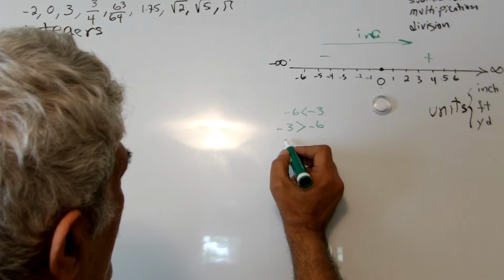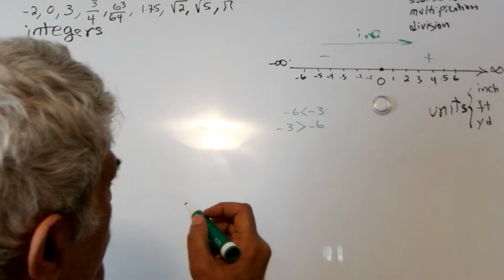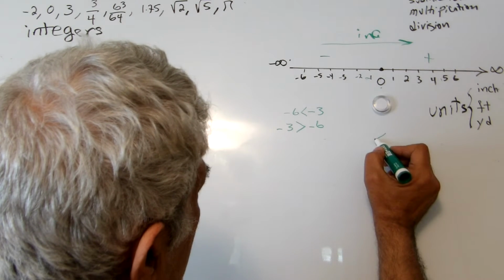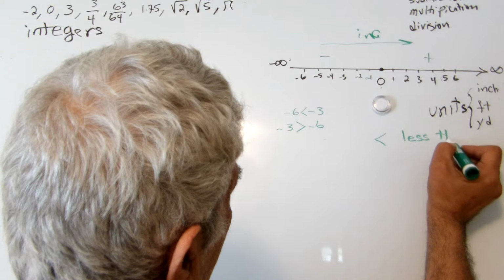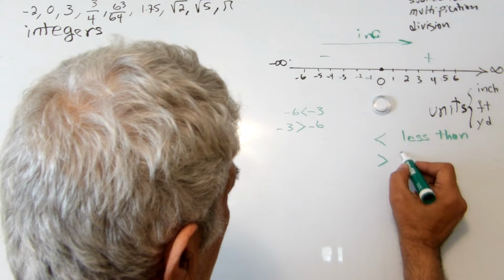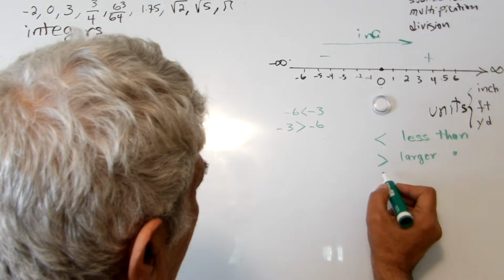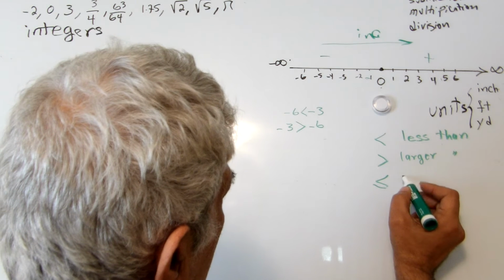See, these are the symbols. Let me explain this first. This is less than. This is larger than. And this one is less or equal.